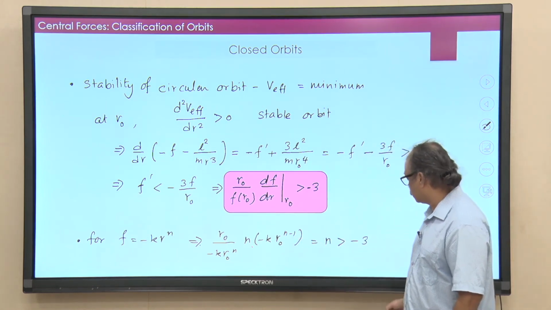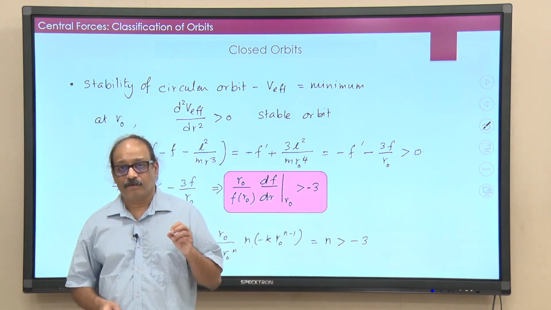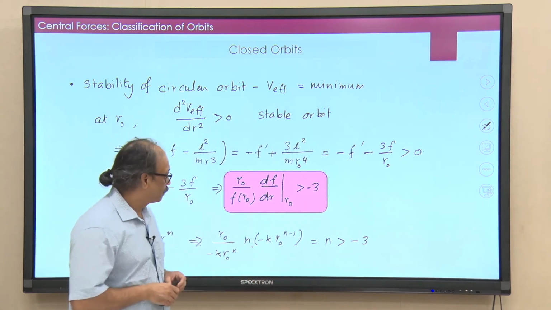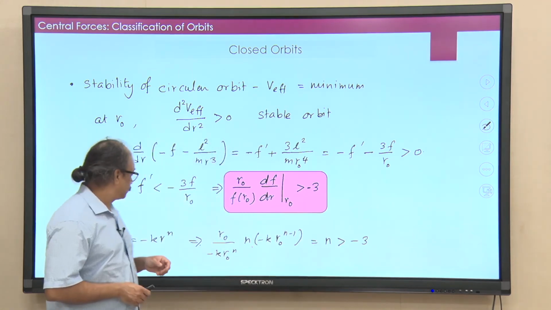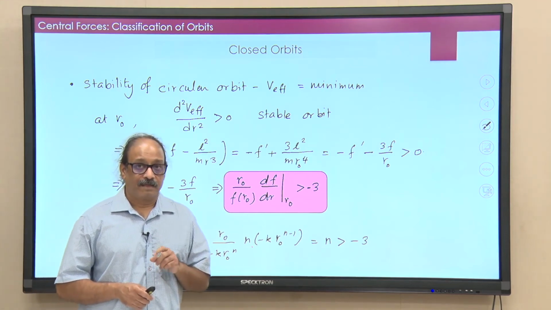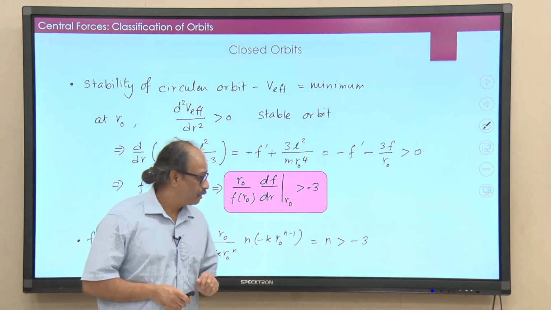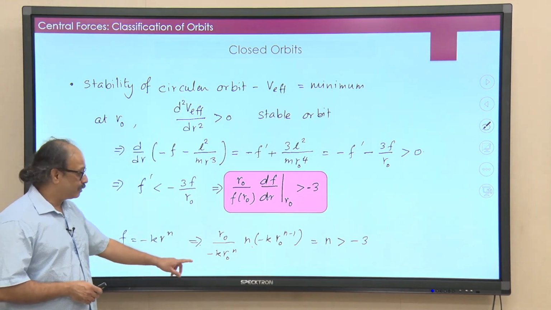This gives you the condition n must be greater than minus 3. So, for all those power laws for which n is greater than minus 3, you will have stable orbits. N is equal to minus 3 is not included in this condition.